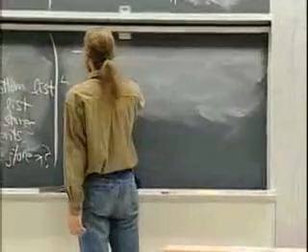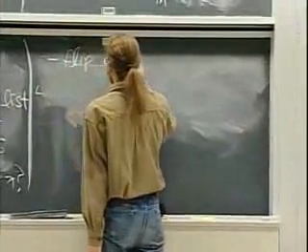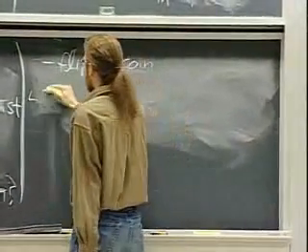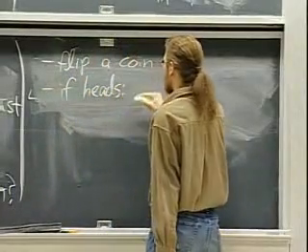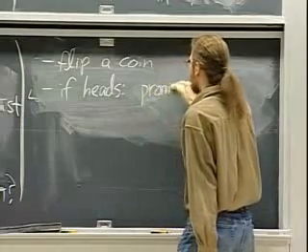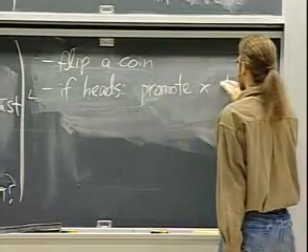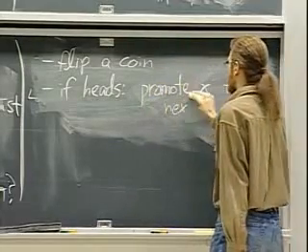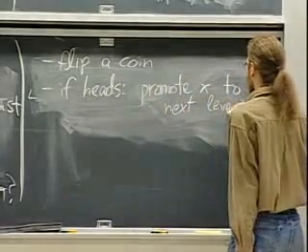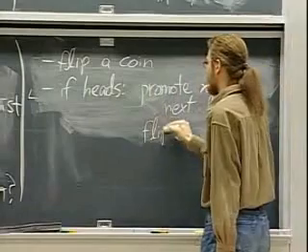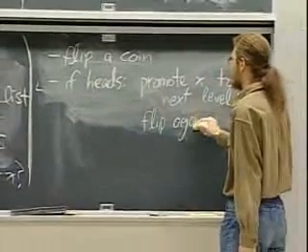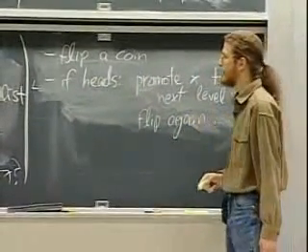Well, the algorithm is flip a coin, and if it comes out heads, then promote x to the next level up. And flip again. Okay, that's key because we might want this element to go arbitrarily high.